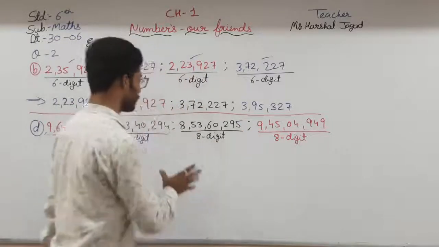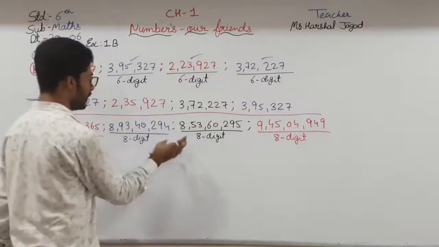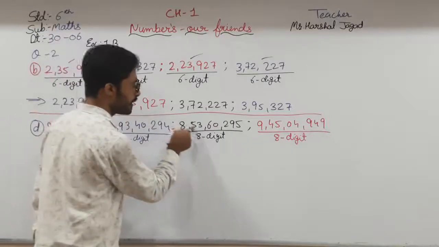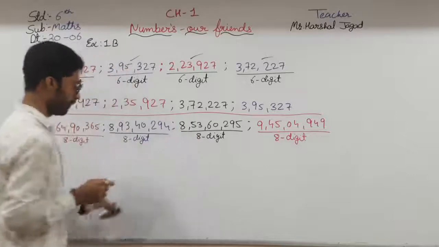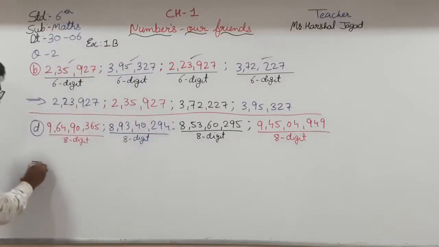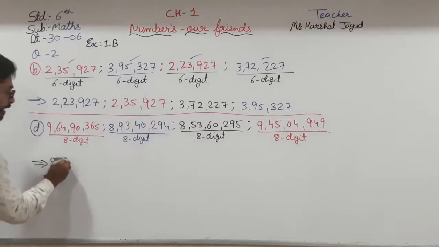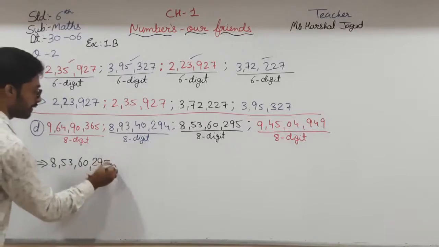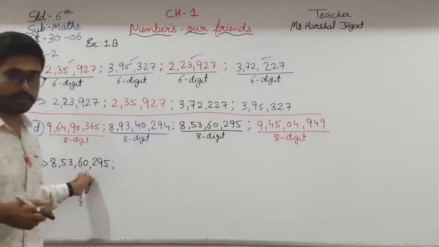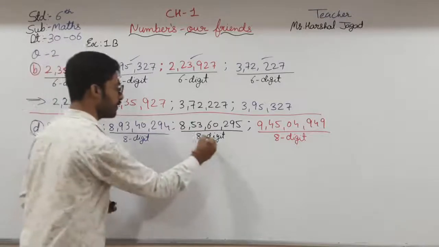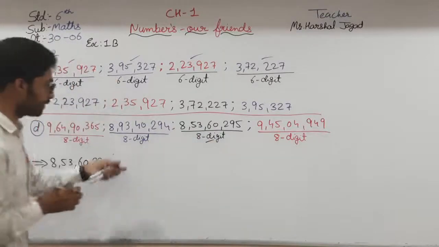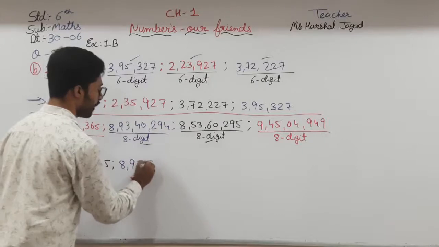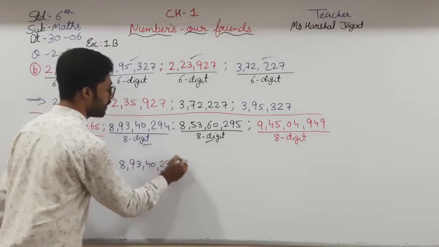8 is smaller. So first will come from these 2, and in these 2 we look at the second digit. Here it is 9, here it is 5. So this will come first: 8536029. This is our first number. Then second will come this, that is 8,93,40,294.